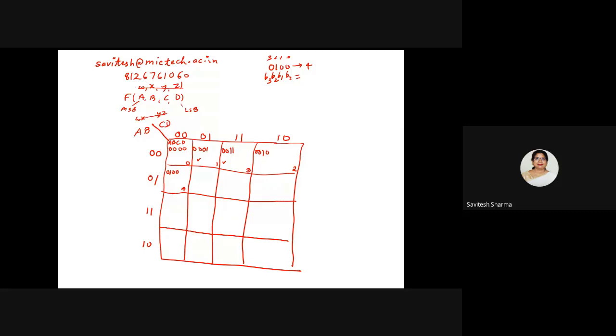What number system am I using here? It is binary, so the radix is 2. 0, 1, 0, 0 is in binary. Binary means you can take either 0 or 1, so 2 symbols you can use. That's why the radix here is 2.